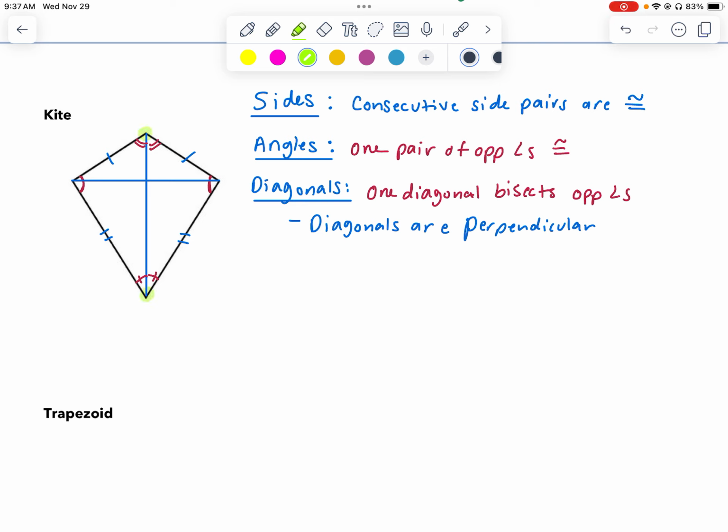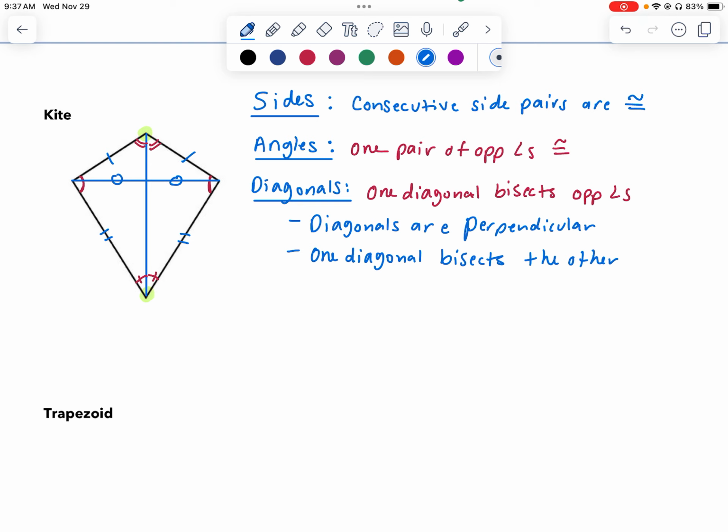Both these points, because of these congruent segment pairs, are equidistant to the endpoint. So not only are those diagonals perpendicular, but one diagonal, going in this case vertically, bisects the other segment. So one diagonal is the perpendicular bisector of the other.